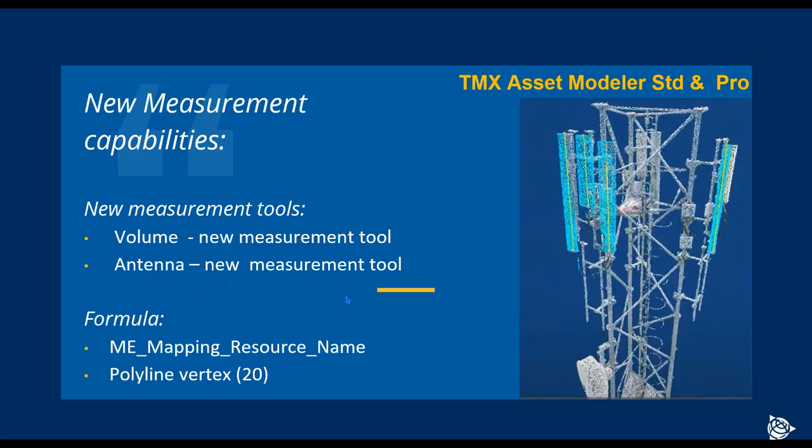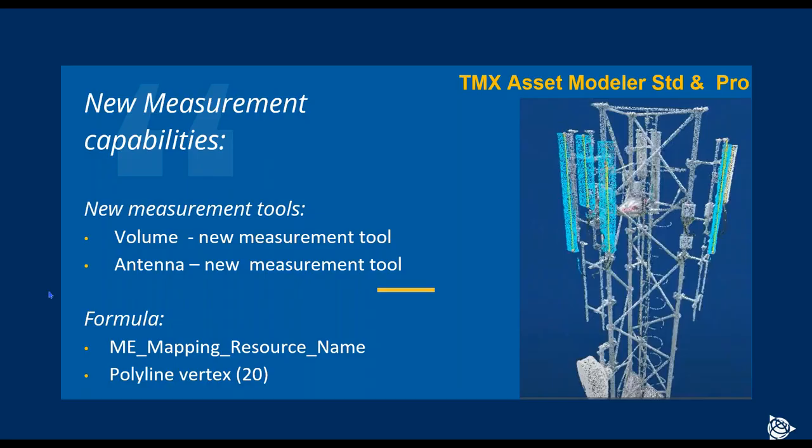For this specific type of antenna, you can see on my screen, this is a 5G antenna. For this specific kind of feature, we have a semi-automatic tool which allows extracting linear features. If you want to store them as multiple features, it's up to the user, or they can be saved as a single feature as well.